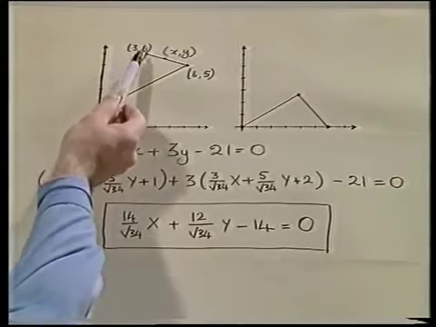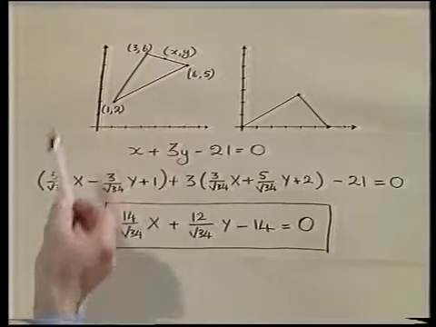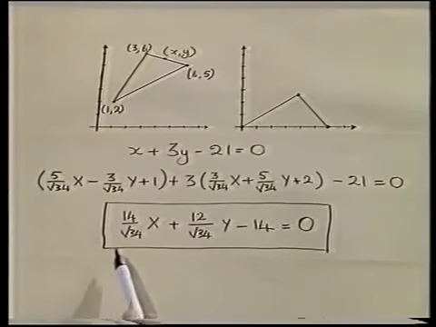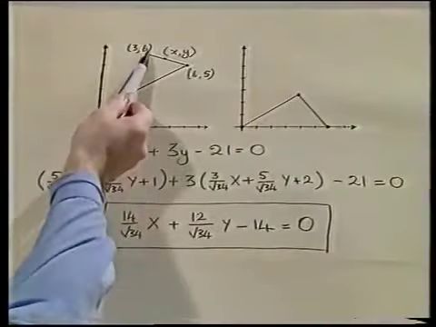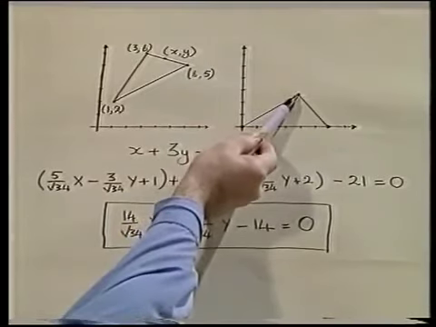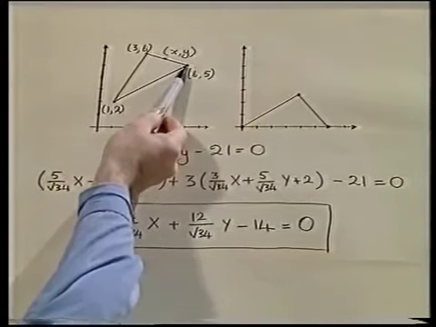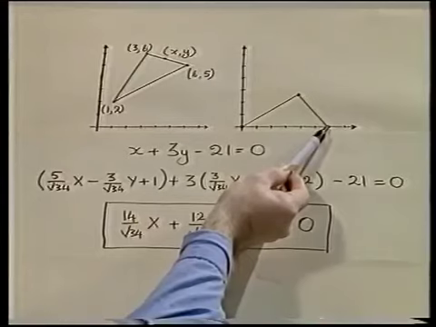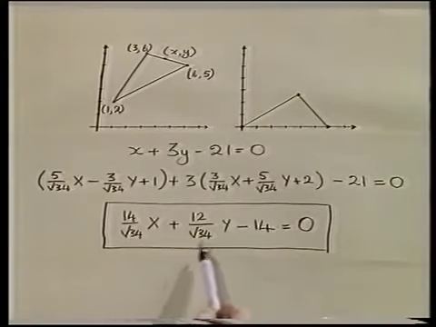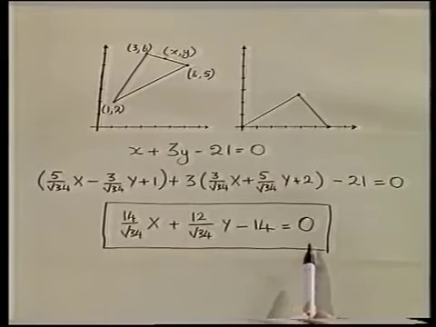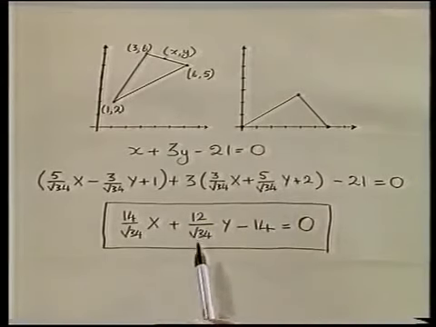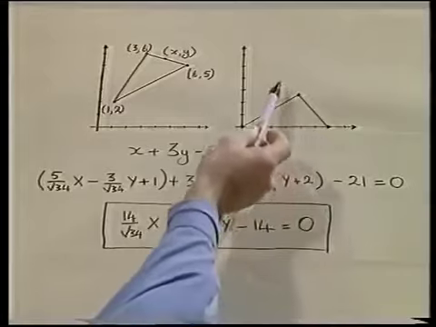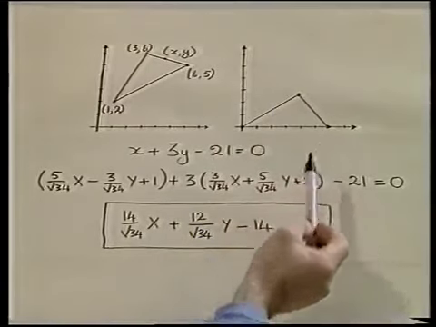So all points on this line transform to points whose coordinates satisfy this straight line equation. Now, what straight line is it? Well, we know that that point transforms to that point, and that point transforms to that point. So this must be the equation of a straight line which goes through these 2 points. So this equation represents that straight line.